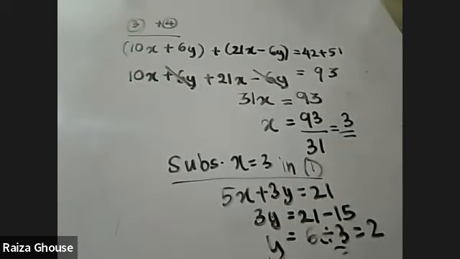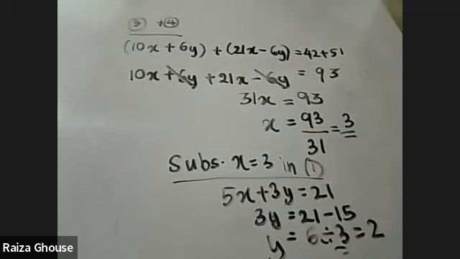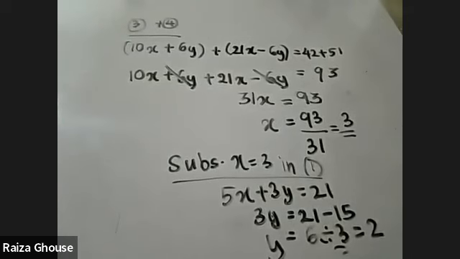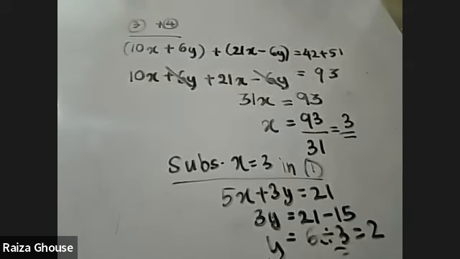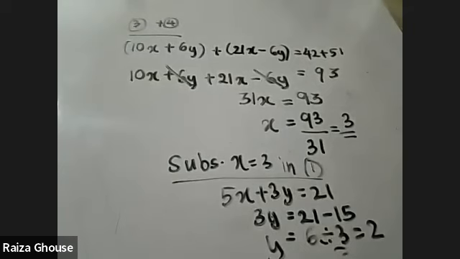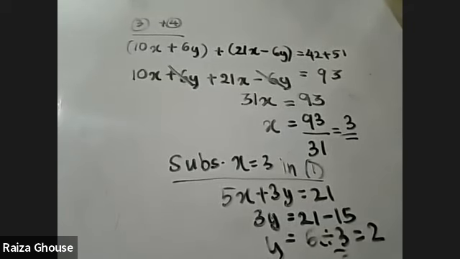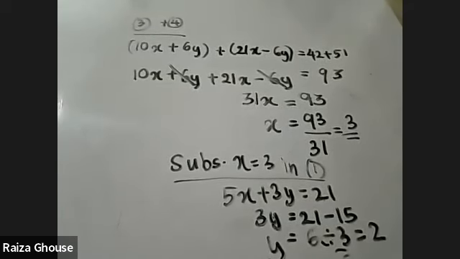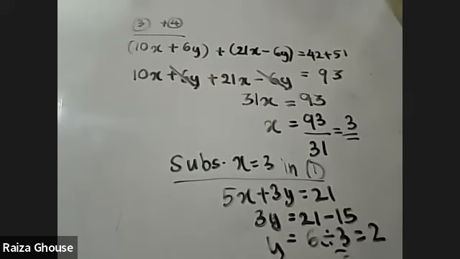That's the first equation. 13x minus 3y equal 20. That is the second equation. Now consider these two equations and make them the equations with same coefficients and find the value of x and y. Let's see who is doing first this time.